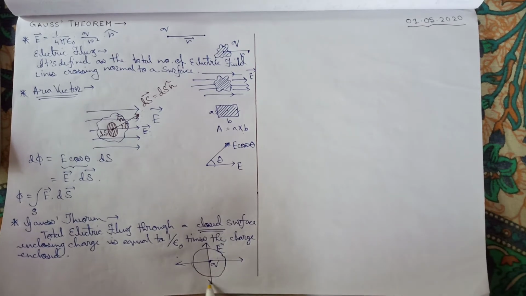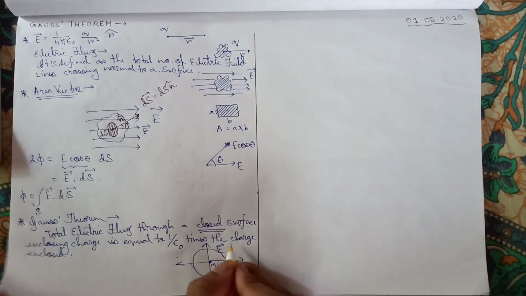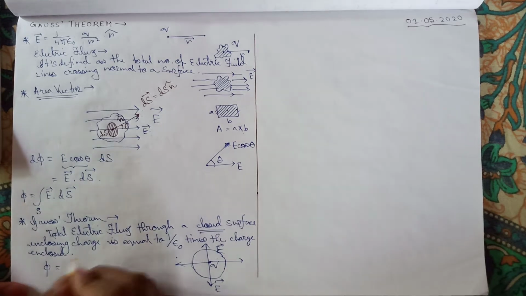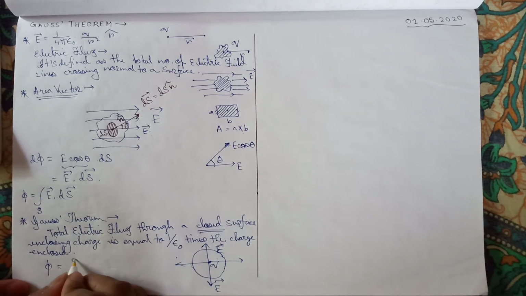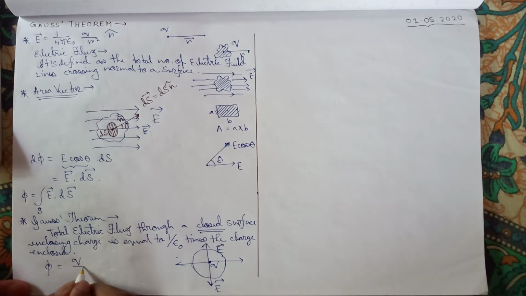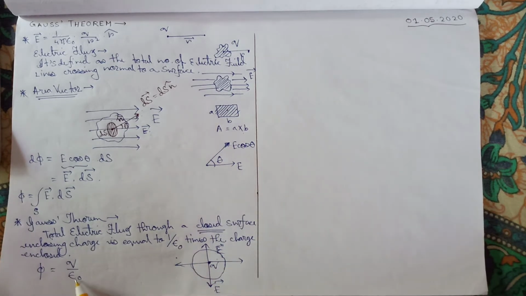We have already studied the concept of electric lines of force. The total electric flux phi will be Q, the charge enclosed by this surface area, times 1 by epsilon naught. Now it is considered an ideal case, so it's epsilon naught.